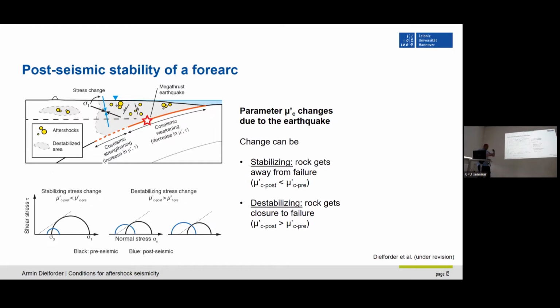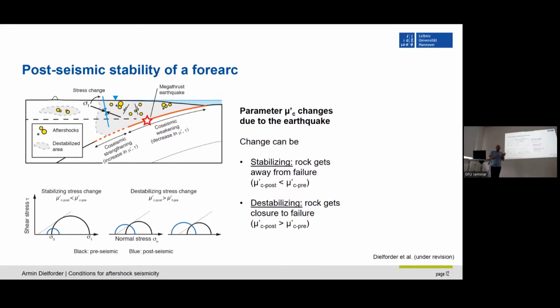So, if the stress changes, this value changes, and this change can go in two ways. Either in a way that it destabilizes the forearc and supports failure, or in a way that it stabilizes the forearc and prevents failure. And this just depends on the relation of these two values. If for the stress conditions after the earthquake this value is lower than for the stress conditions before the earthquake, then we have a stabilizing effect.